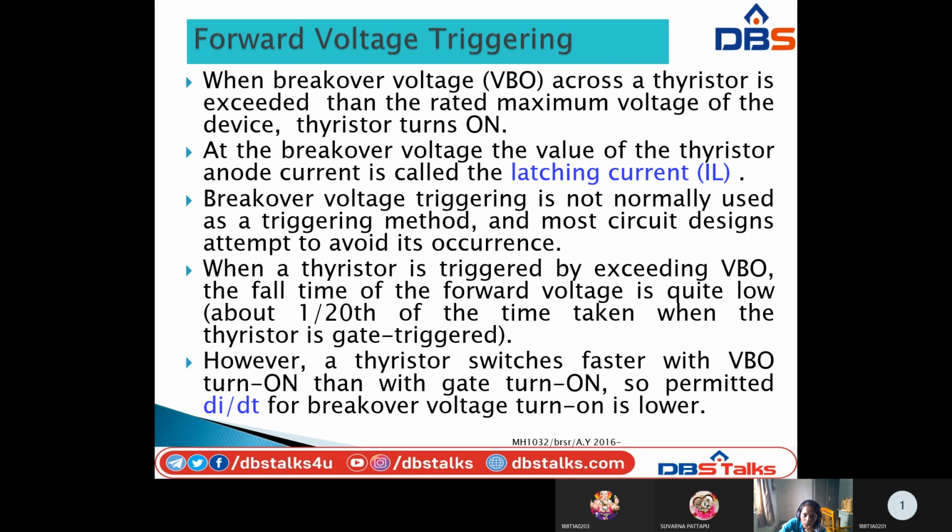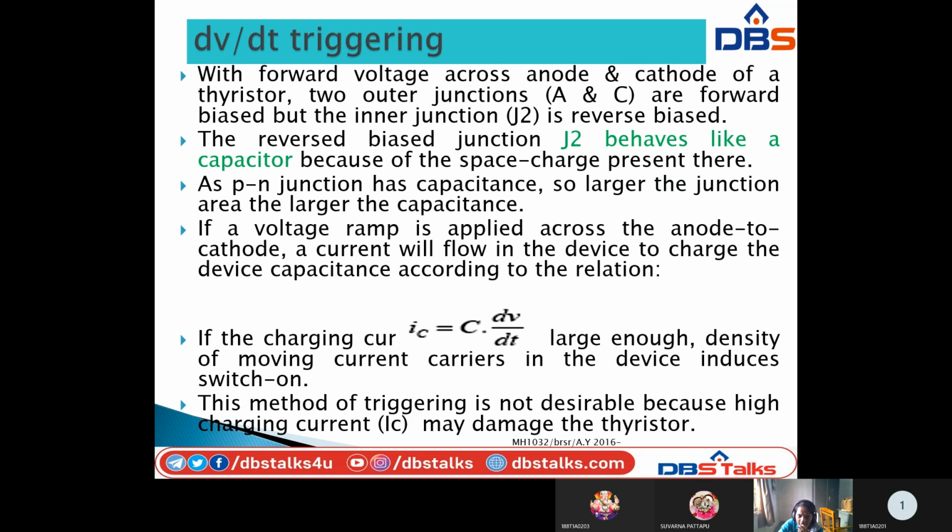Okay. So next, dV by dt. With the forward voltage across the anode and cathode of the thyristor, the two outer junctions A and C are forward biased, but the inner junction J2 is reverse biased. The reverse biased junction J2 behaves like a capacitor because of the space charge present there. A PN junction has a capacitance, so the larger the junction area, the larger the capacitance.